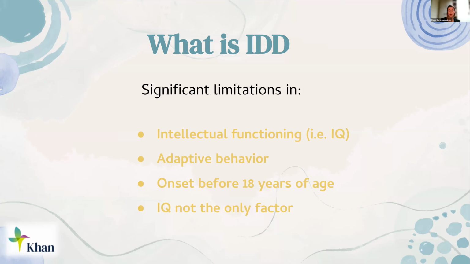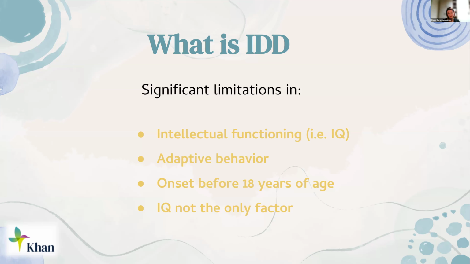It's interesting because it requires that intellect or IQ be below a certain level. However, that's not the only requirement. We also look at adaptive behavior or adaptive functioning. Adaptive behavior is things like communication, your self-care skills, your functional academics, your ability to be safe in the community, things that would affect, like if a child is more vulnerable to being taken advantage of.